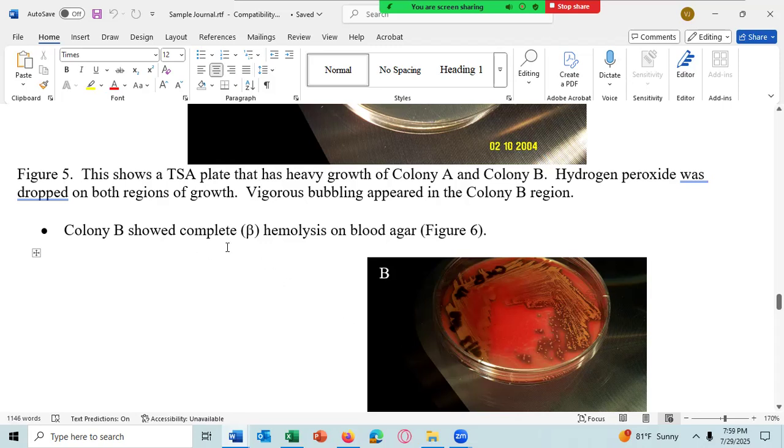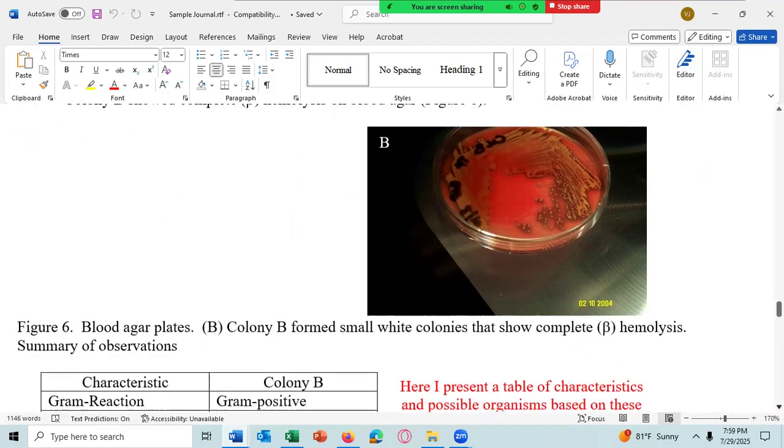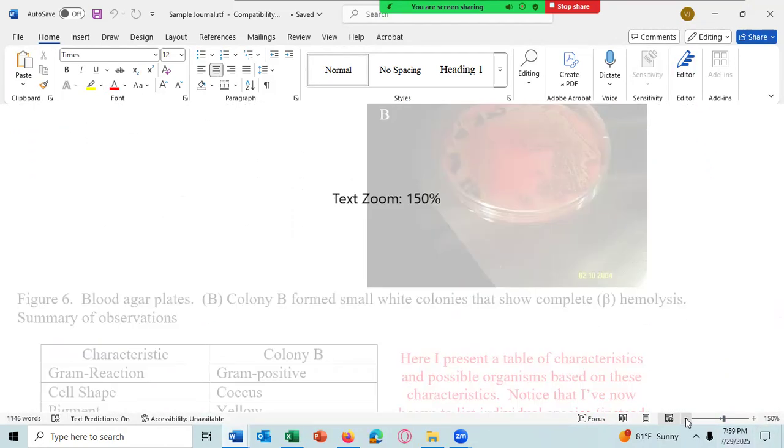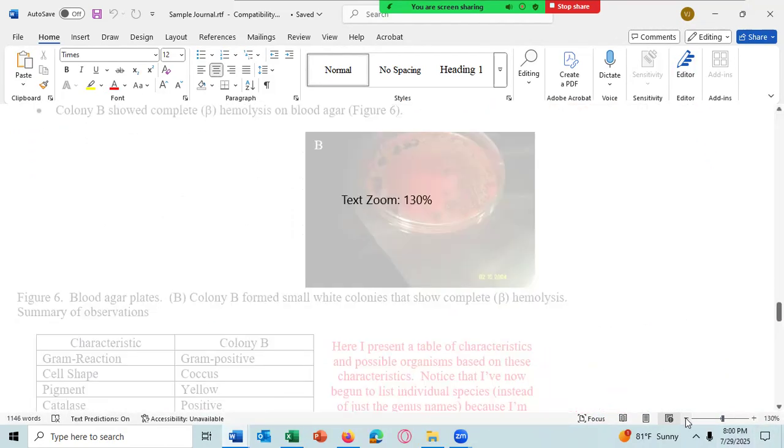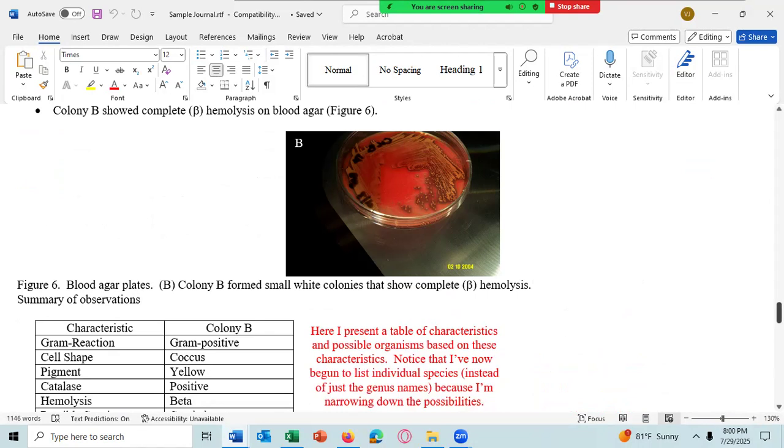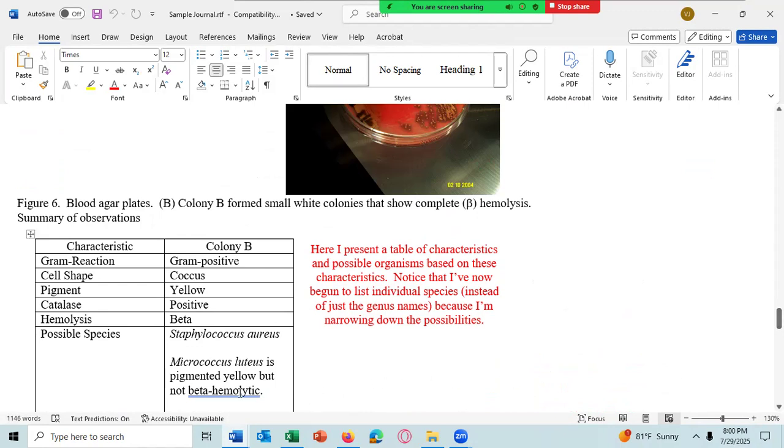And so he wrote that down for his observation. Shrink that down now. And so this is his conclusions. Colony B, pigmented, yellow, beta hemolysis.